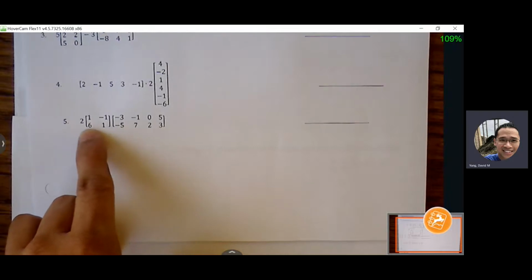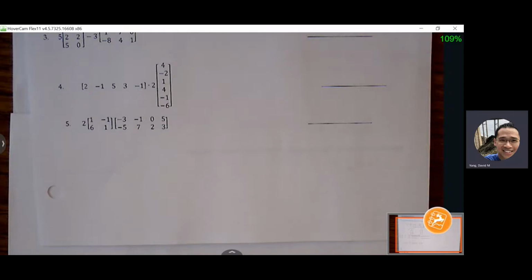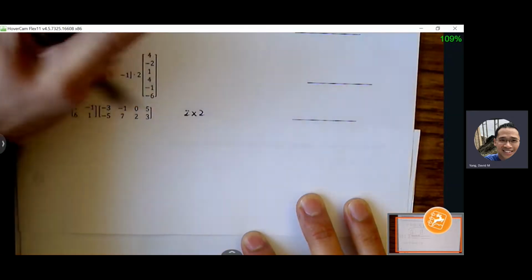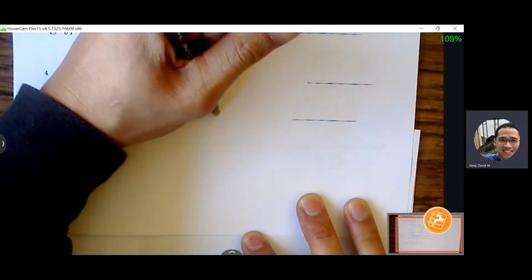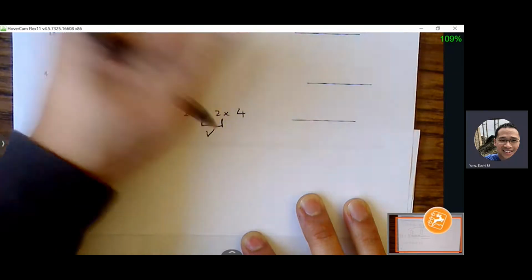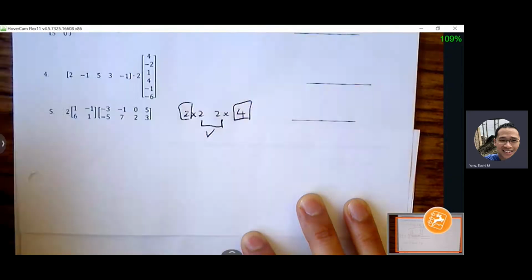Okay, once you distribute that 2 through, then you're staring at two matrices that don't have the same dimensions, but we can see if they can be multiplied together, right? So are these two dimensions compatible? Yes. 2 by 2 with a 2 by 4. The inside numbers match. So we know that we're going to end up with a 2 by 4 matrix.